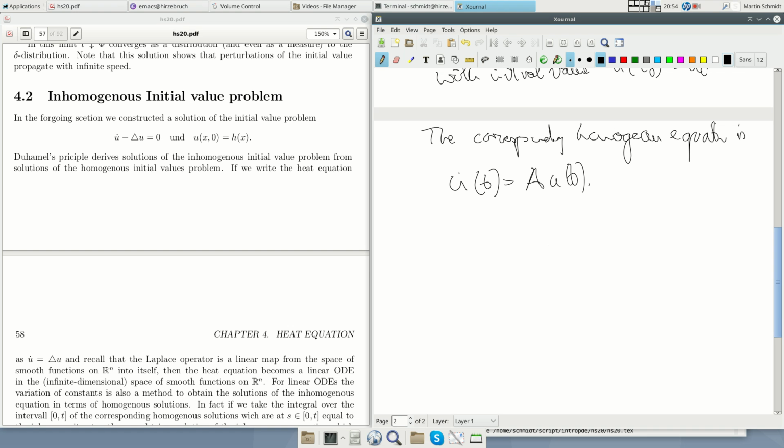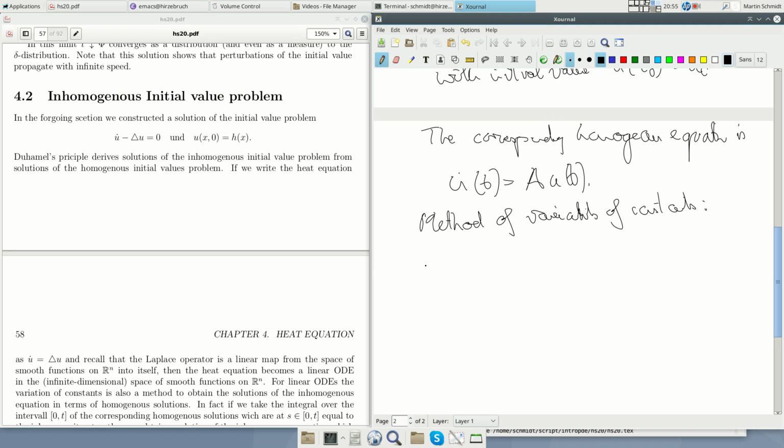Okay, and then the claim is the following: method of variations of constants. Most of you know this because most of you visited the lecture Dynamical Systems.